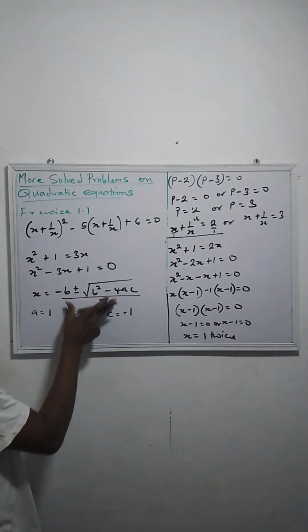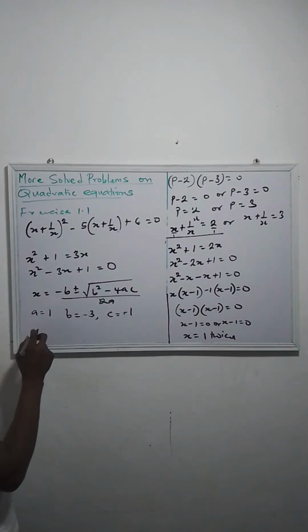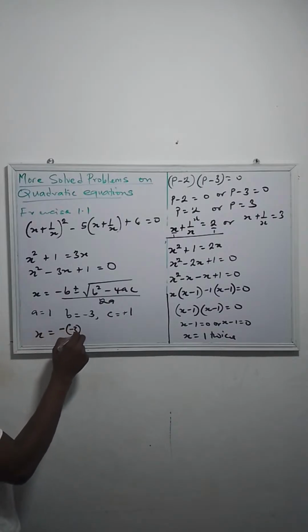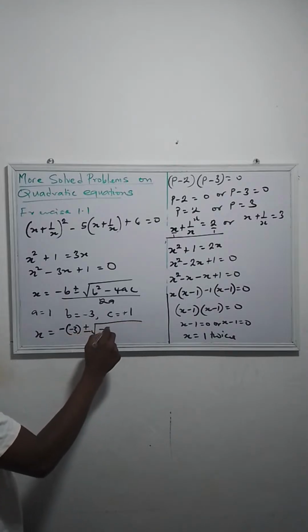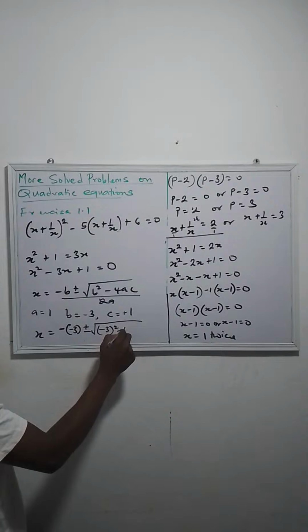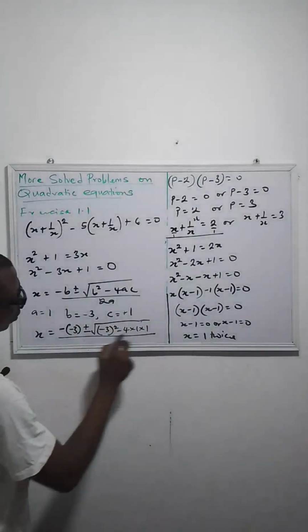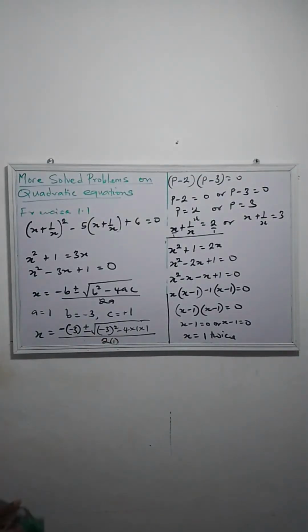So we just plug these values into this equation, and that will give us the solution. So we have x equals negative of negative 3 plus or minus the square root of negative 3 squared minus 4 times 1 times 1, everything all over 2 times 1. Do we get that?